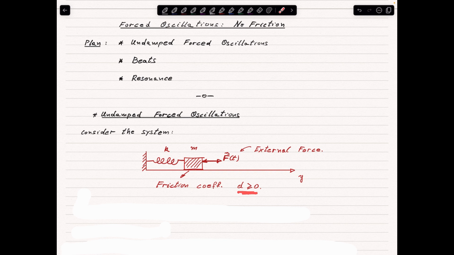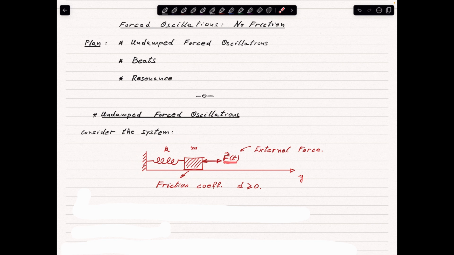In real life it is always bigger than 0, but sometimes it's small, so it's important to understand the case d equals 0, and that case, no friction, is the case we are going to focus on later in this video. But for now, when we introduce the system, we keep the friction coefficient non-negative.